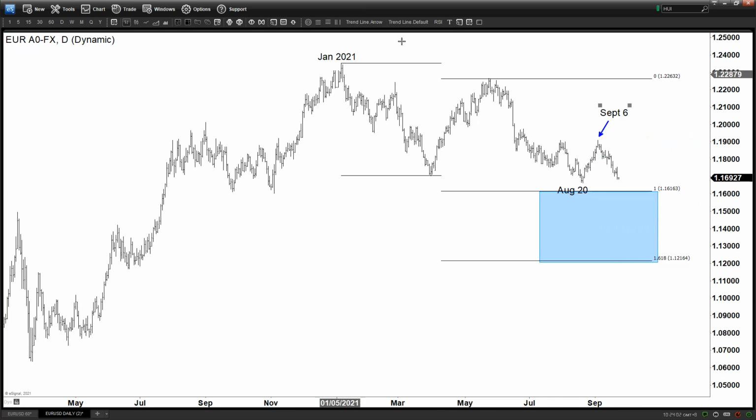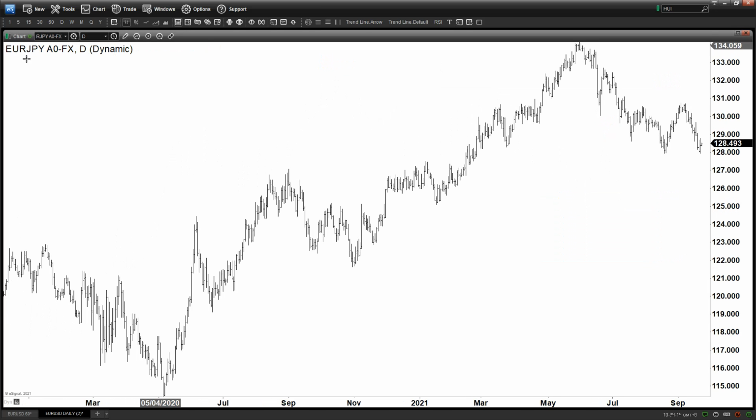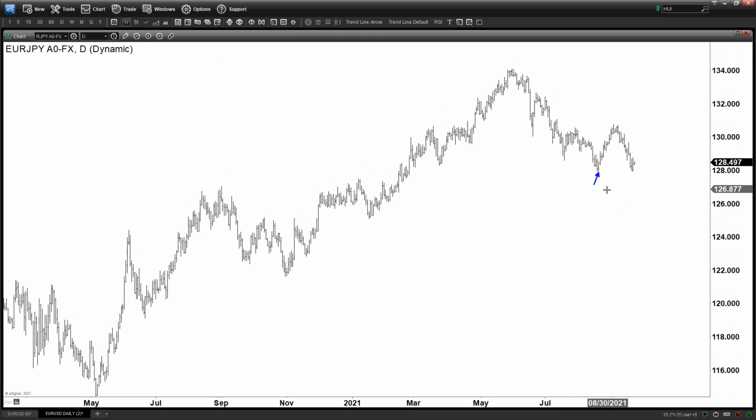Now another instrument that is correlated with the euro dollar is the euro yen, and this is actually giving us a lot of information here. If you take a look at euro yen, this is also about to break below this low. Same thing on the daily chart, same as the euro dollar. And now this one is very clear. You have one channel, you got another cycle.